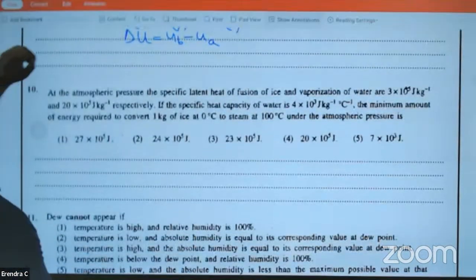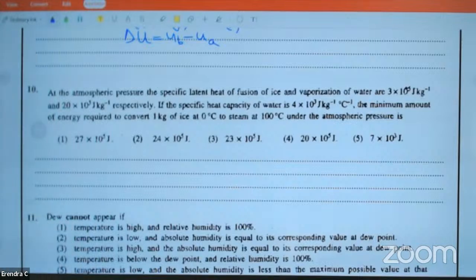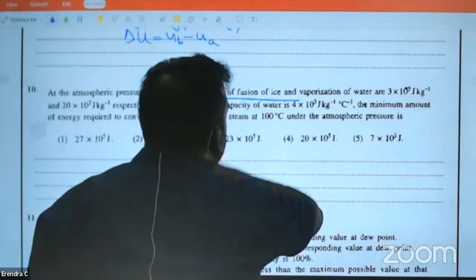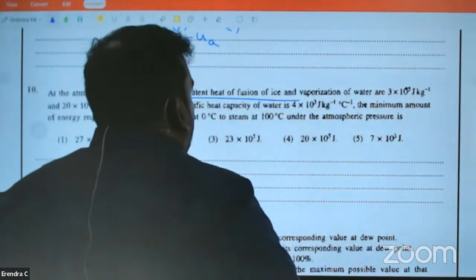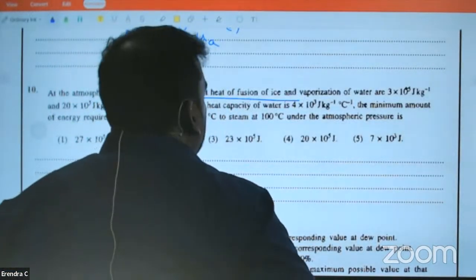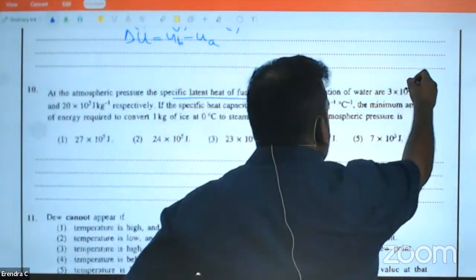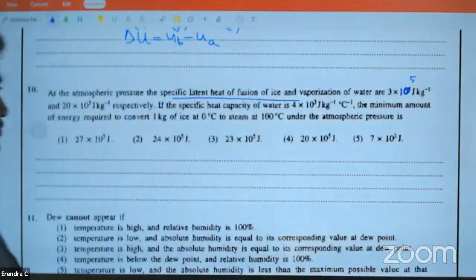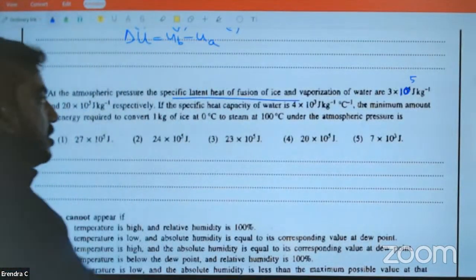Right. Moving on. At atmospheric pressure, the specific latent heat of ice and vaporization are given, 10 to the power 5. Specific heat capacity of water is 4000.